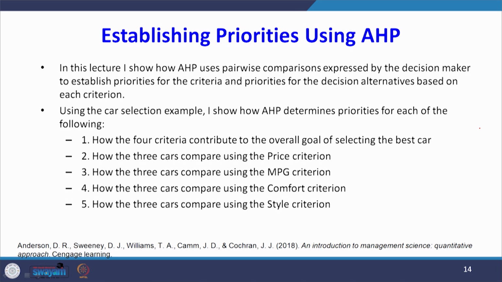And how the 3 cars compare using the price criterion, how 3 cars compare using the miles per gallon criterion, how 3 cars compare using comfort criterion, and the last one, how the 3 cars compare using style criterion.